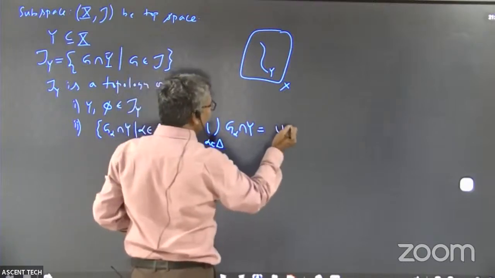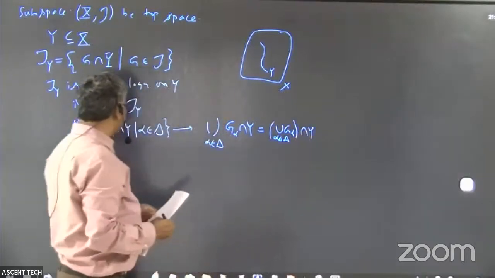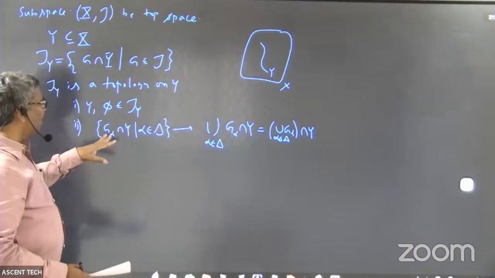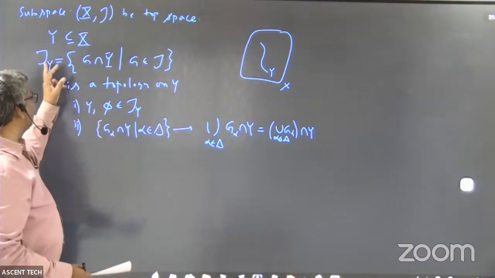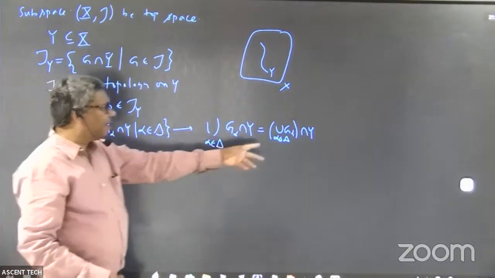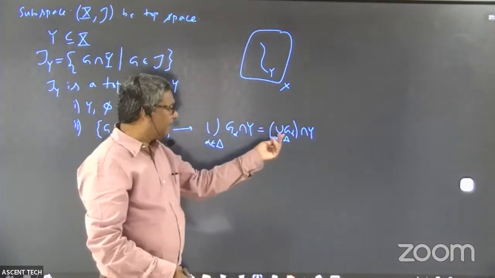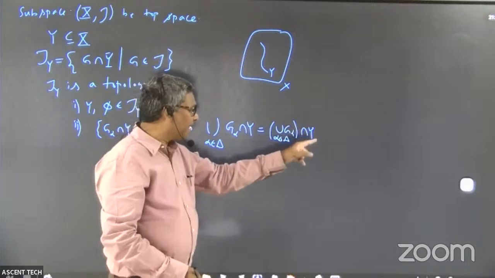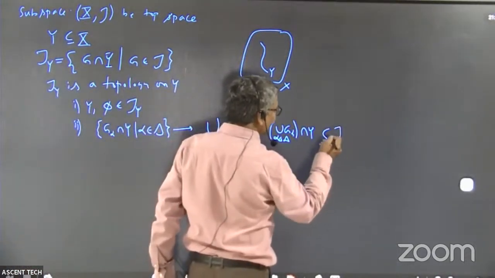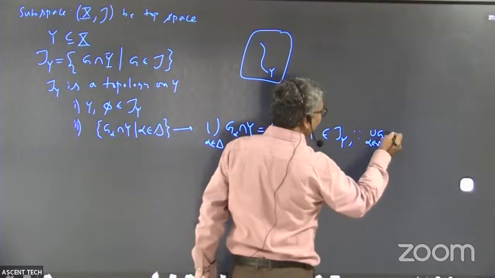It's nothing but union G alpha, alpha in delta, intersection Y. A collection of sets in Ty means they all look like some G alpha intersection Y, each open set being an intersection of an open set in T with Y. So their union is this, but all these G alphas are open sets in X. Therefore union G alpha is also an open set in X, and therefore this is an open set in X intersection Y, an open set in Y, that is in Ty, since union G alpha, alpha in delta is in T.